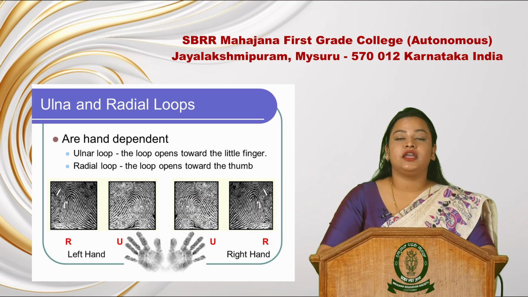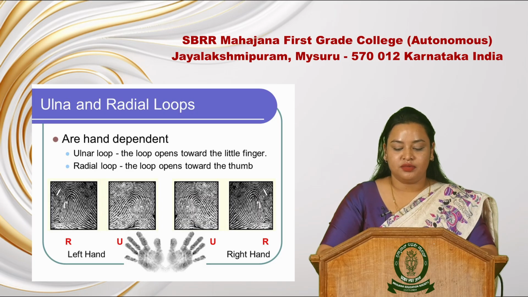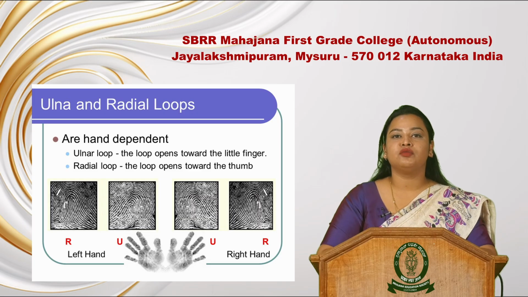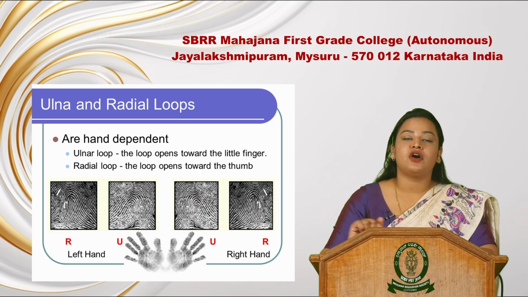That's why we call it a radial loop. Also, we have two bones in our forearm, the ulna and the radius. The loop whose ridges open towards the ulnar bone we call ulnar, and the one opening toward the radial bone we call a radial loop.